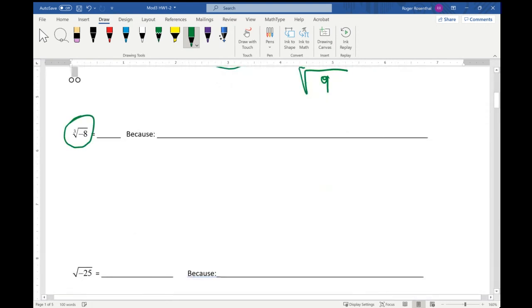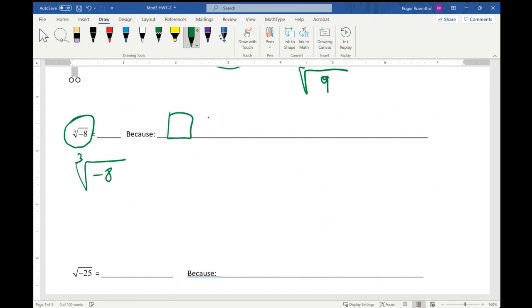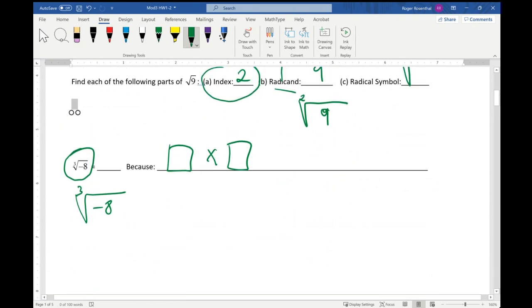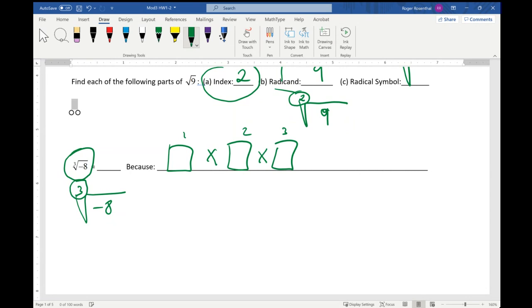Okay, this is the cube root, or the third root, of -8. Now remember, the square root was asking what number times itself will give you the thing you wanted. There's 1, 2 things you're multiplying because a square root has an invisible 2 there. Well, the fact that a third root has a 3 there means the question's asking what number would you multiply by itself 1, 2, 3 times so that you end up with the radicand, in other words, the number on the inside.